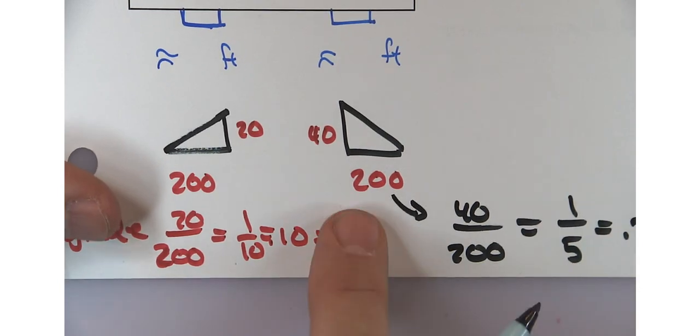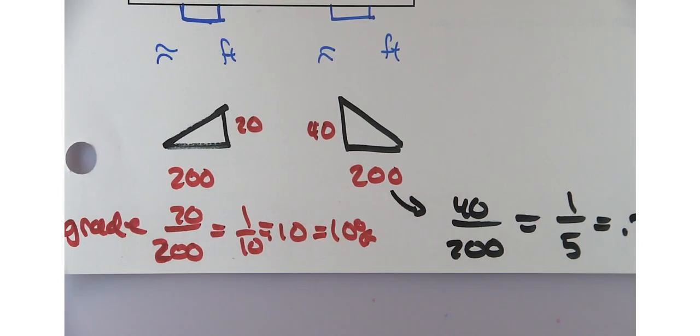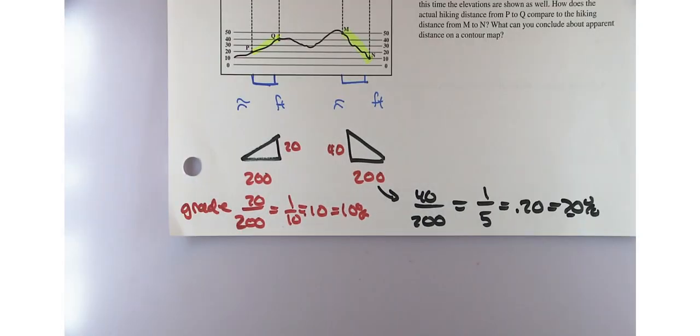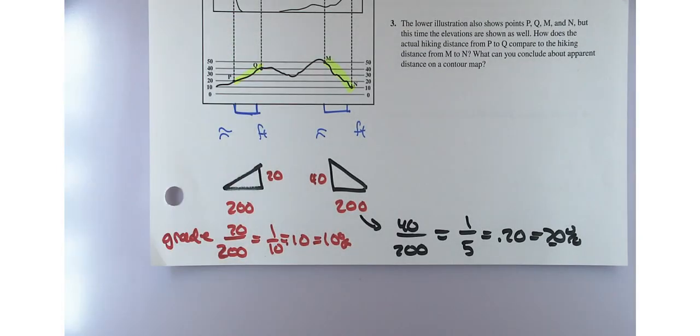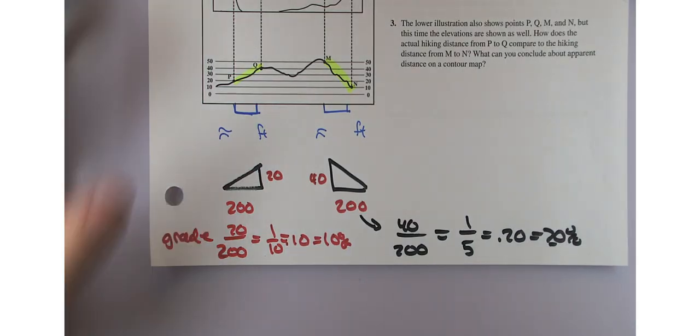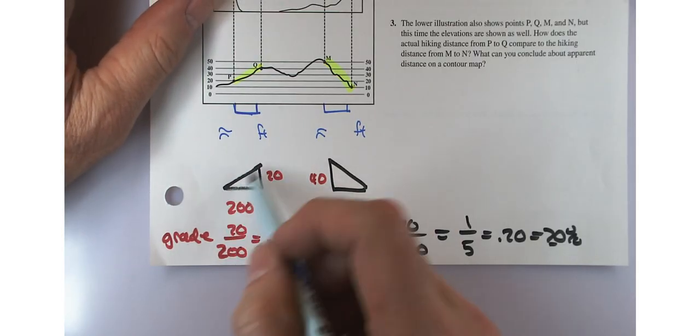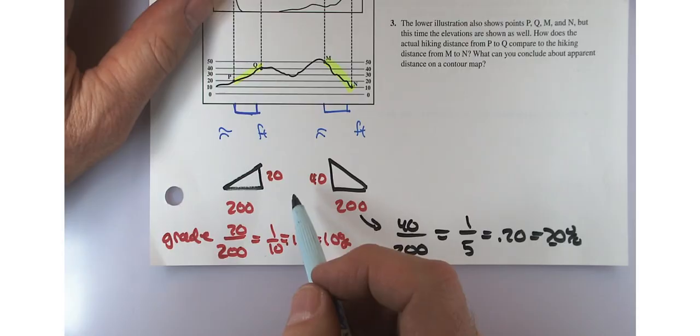So this one would definitely be a lot more work. A 20% grade, yeah, you'd be most unhappy with that. But our goal is to try and calculate how far they actually had to hike, counting the fact that you're increasing in elevation. So let's figure that out.